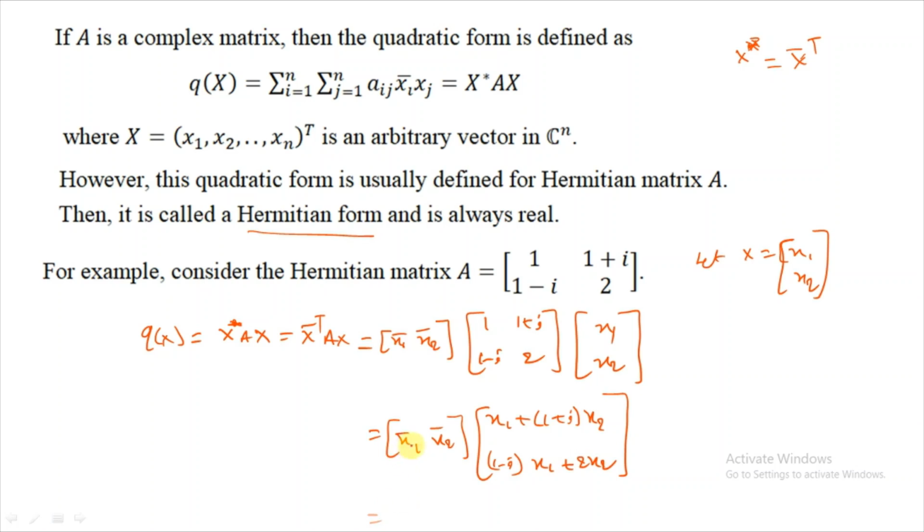Now multiplying again, we get x1 conjugate x1, which is mod x1 square. Next plus (1 plus i) x1 conjugate x2, plus (1 minus i) x2 conjugate x1, plus 2 x2 x2 conjugate, which is mod x2 square.